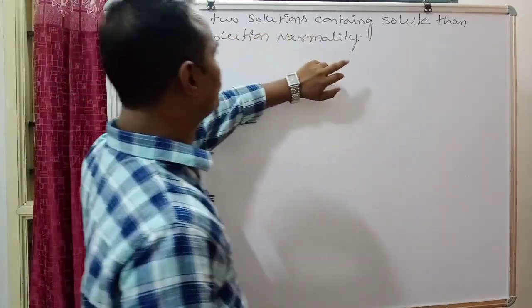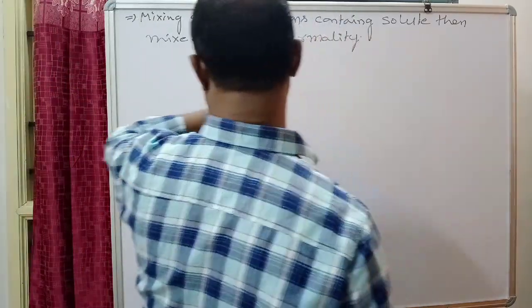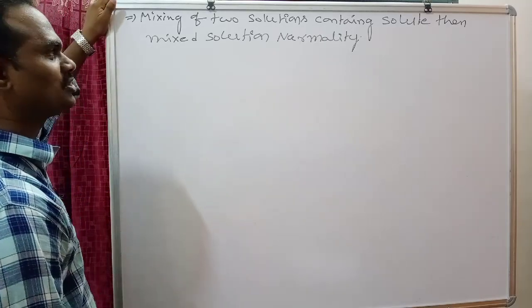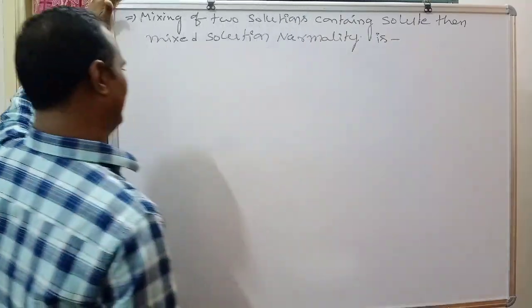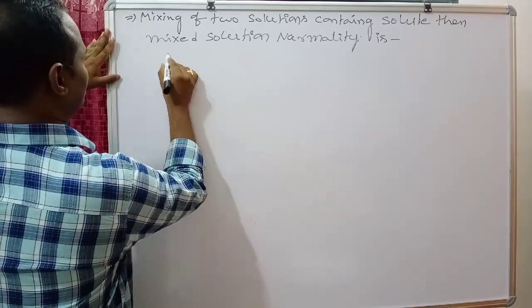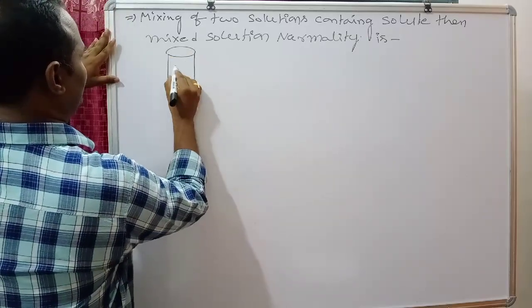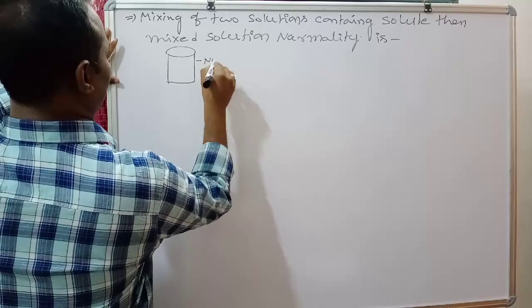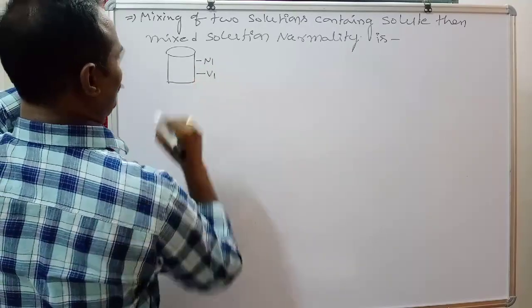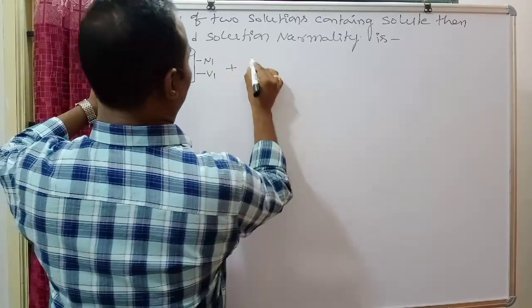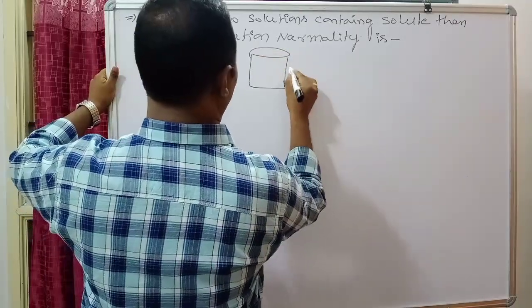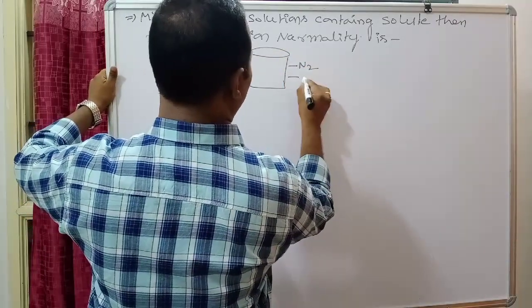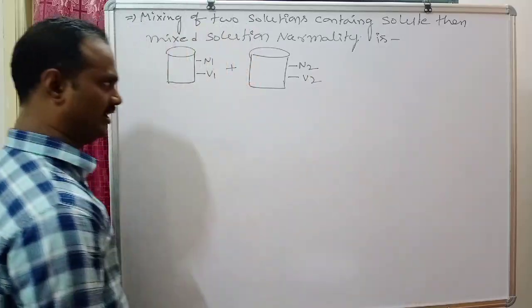Mixing of two solutions containing the same solute: what happens to the mixed solution normality? You see, sir, this is solution 1, normality N1, volume V1, and in one more container, solution normality N2, volume V2.